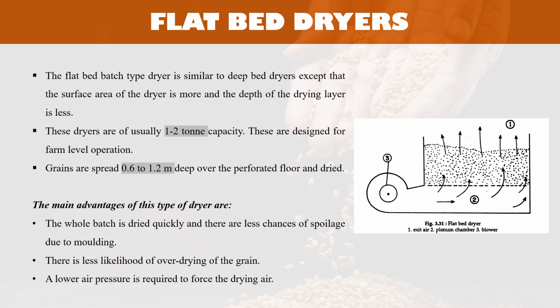Grains are spread 0.6 to 1.2 meter deep over the perforated floors and dried. Advantages of using these dryers include that the whole batch is dried quickly and there are fewer chances of spoilage due to molding. There is also less likelihood of overdrying of the grains, and a lower air pressure is required to force the drying air.